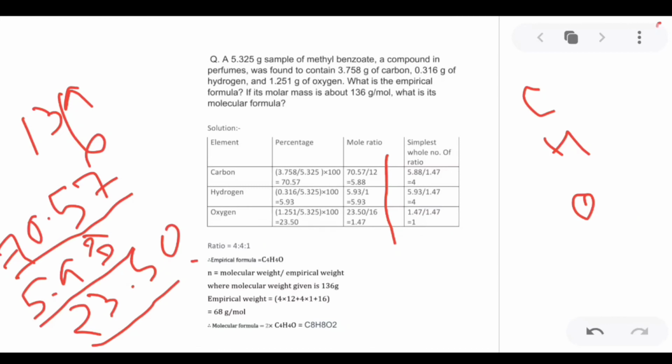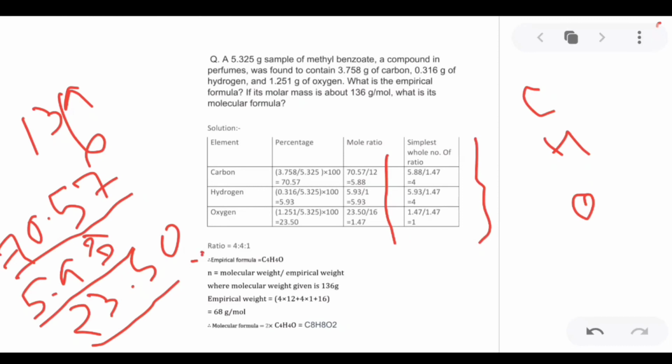So to calculate the simplest whole number, we'll divide each of the mole ratios of carbon, hydrogen and oxygen by 1.47. If we divide the mole ratio of carbon, 5.88, by 1.47, we'll get 4. When we divide the mole ratio of hydrogen, 5.93, by 1.47, we'll again get approximately 4. When we divide oxygen's mole ratio by 1.47, we'll obviously get 1.